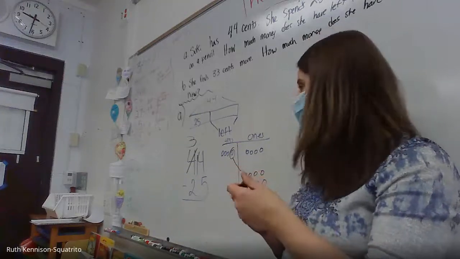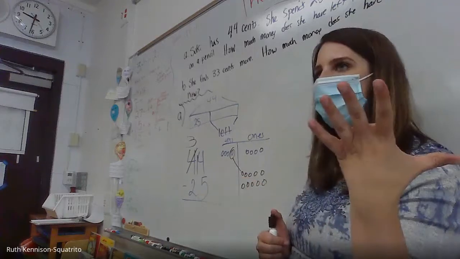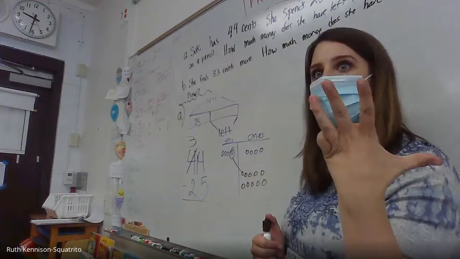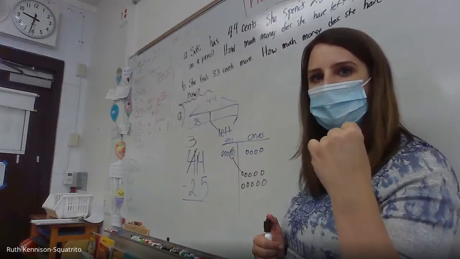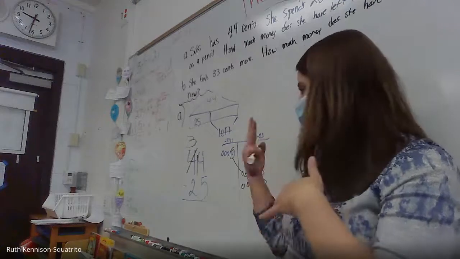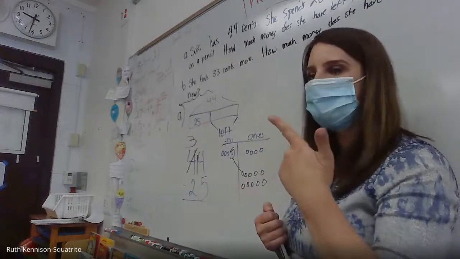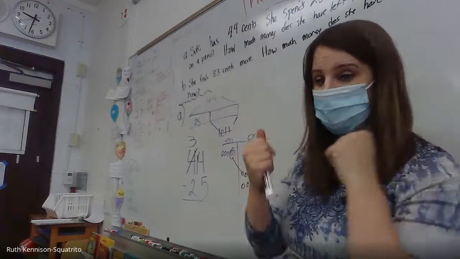You could count up. You could count back. You could go 14, 13, 12, 11, 10, 9. Or you could count up all the way to 14 from 5: 5, 6, 7, 8, 9, 10, 11, 12, 13, 14, which is 9.